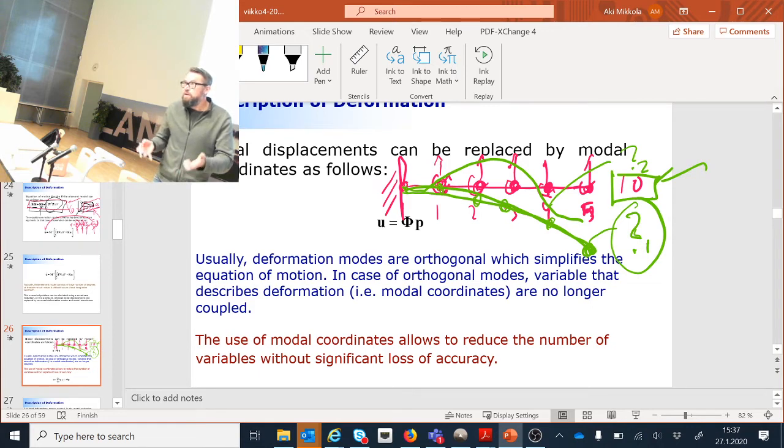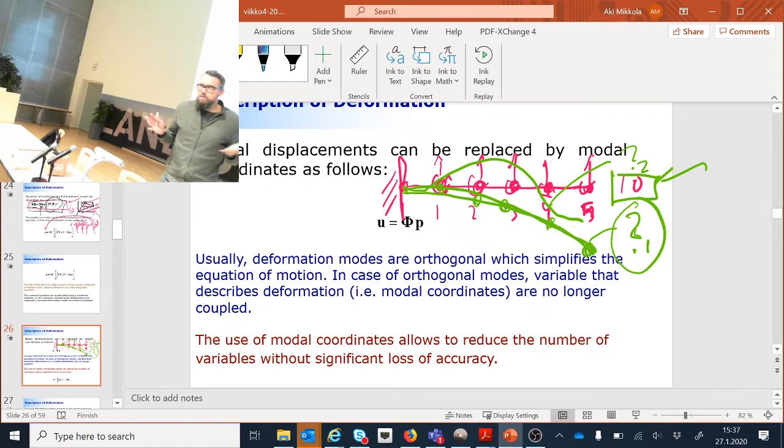So 100,000 different ways. How many of them are really important in terms of dynamic performance? Well, each will contribute a little bit, but typically they are not equally important. Some of them are more important than others, and some of them are very insignificant. Some of them make almost no contribution whatsoever.